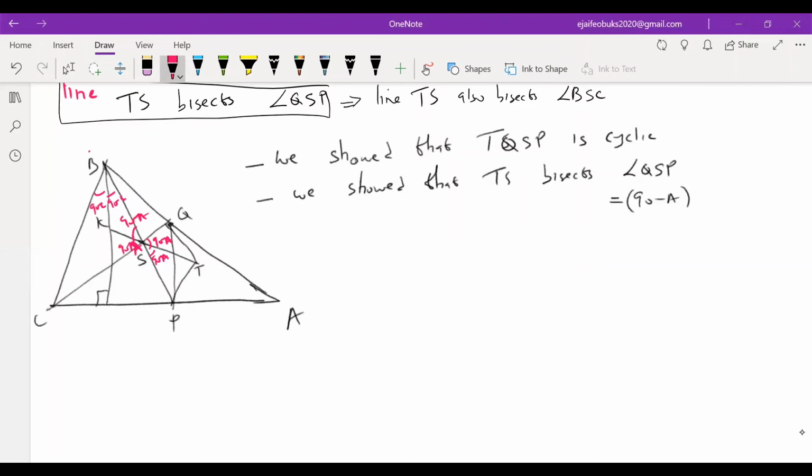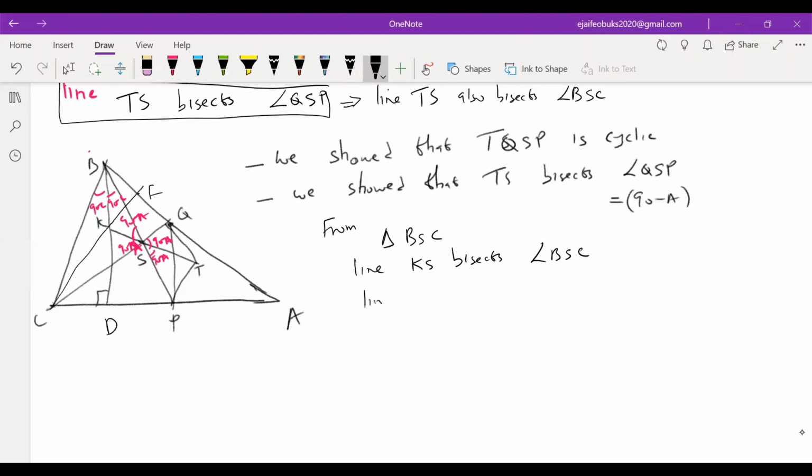Okay, so if you are observant, from triangle BSC, you can see that, this was D, I forgot, then this was F. From triangle BSC, you see that line TS, I mean line KS, bisects angle BSC.